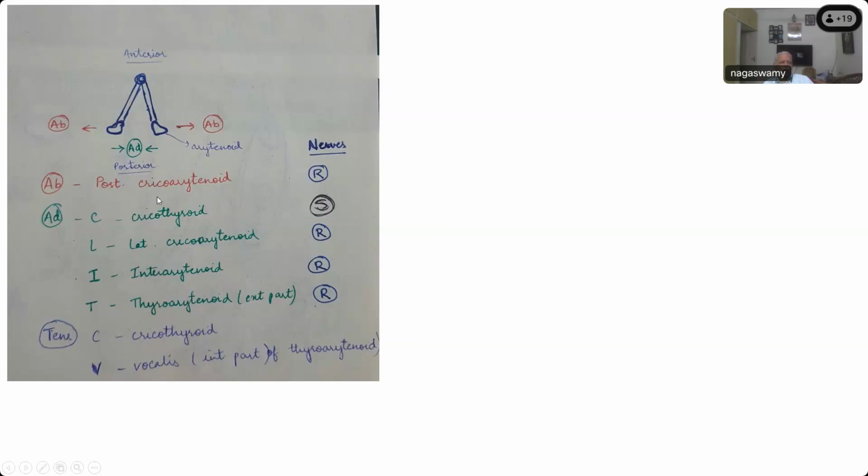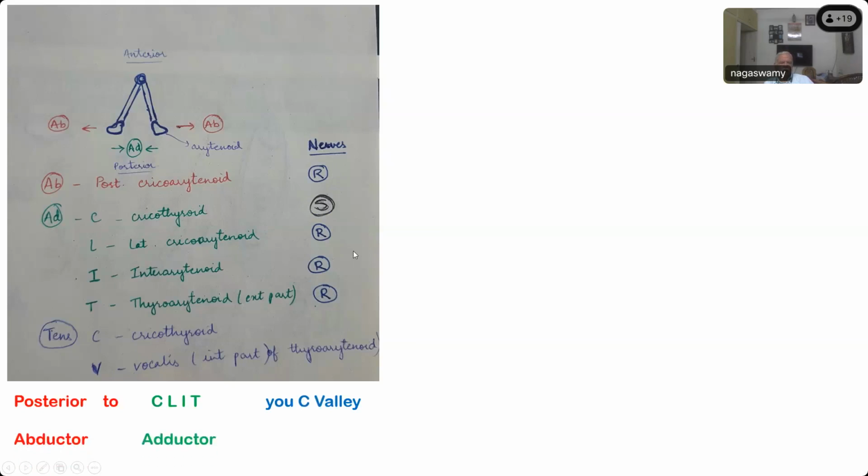So mainly we have only one abductor and four adductors, and you can see the cricothyroid, which also has a partly adductor function, is supplied by the superior laryngeal nerve. All the others are supplied by the recurrent laryngeal nerve. So that picture will be helpful to remember this.